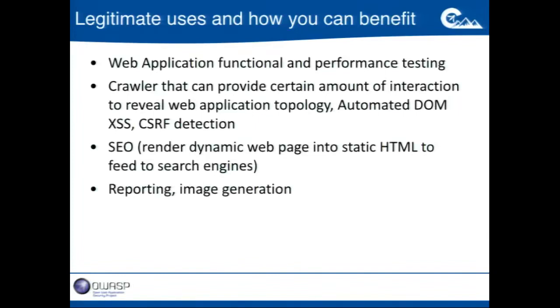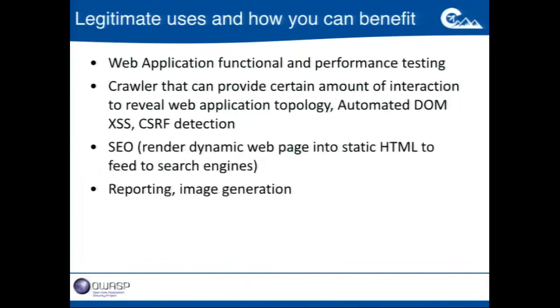Phantom.js is very popular for functional and performance testing among web developers. You can also use PhantomJS to crawl a page that has dynamic content, where you have to run the JavaScript on the page before you can review the topology of the website.